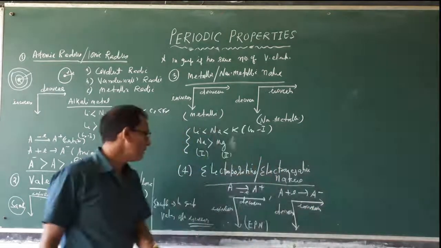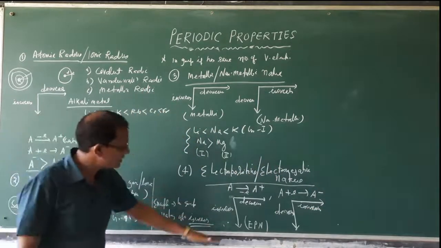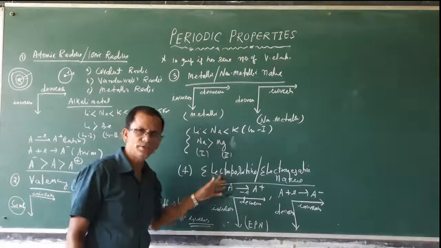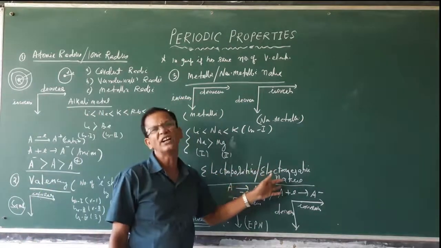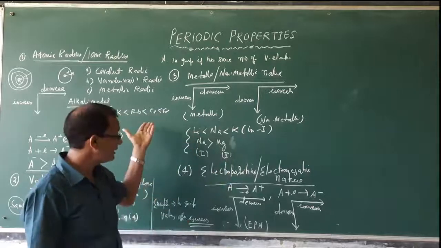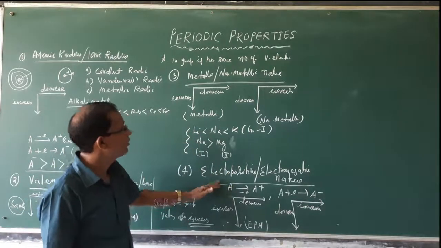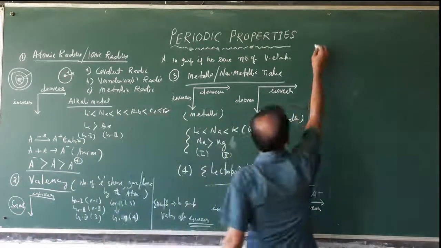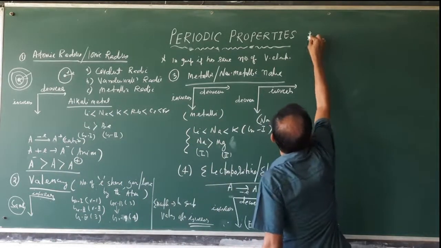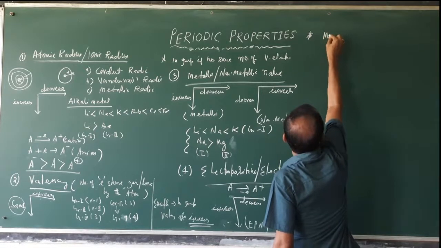Just remember: if you know the metallic character relation, you can write the electropositive character. If you know the non-metallic character, you can tell the electronegative character. More metallic, more electropositive. More non-metallic, more electronegative. This is a very important concept.